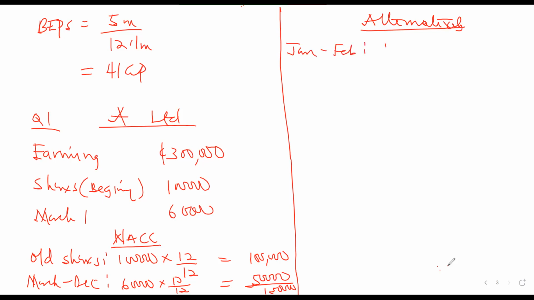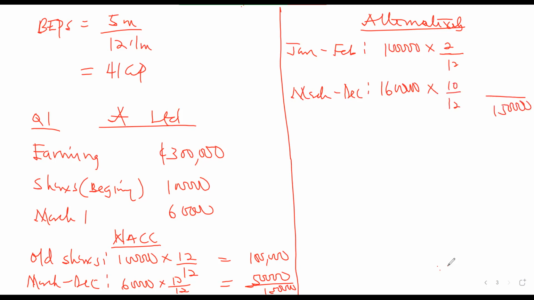So that will be 100,000 times 2 over 12. Then you count March to December. You will now have 160,000, which will be the total shares, times 10 over 12. Whatever be the case, you have to be getting 150,000 at the end.